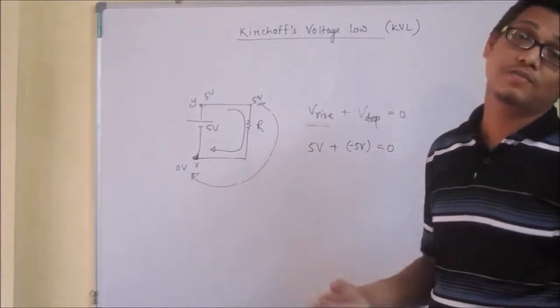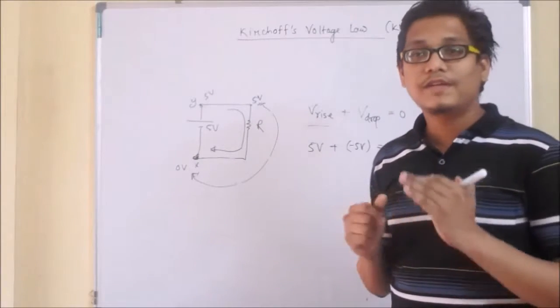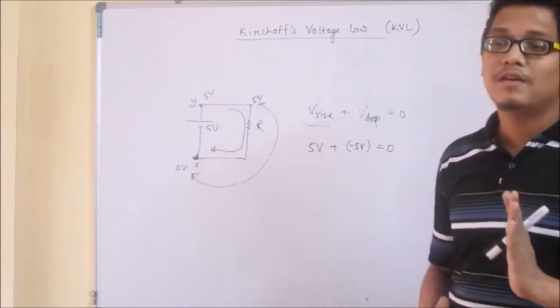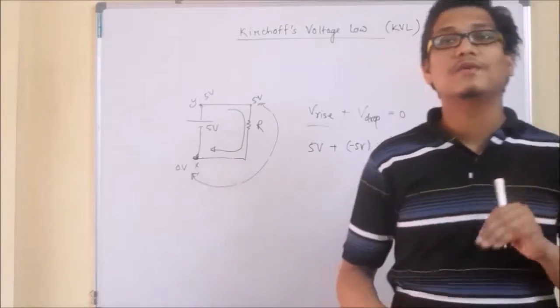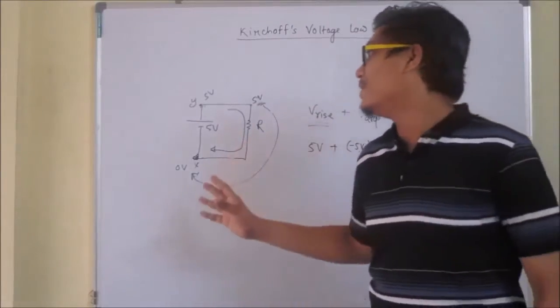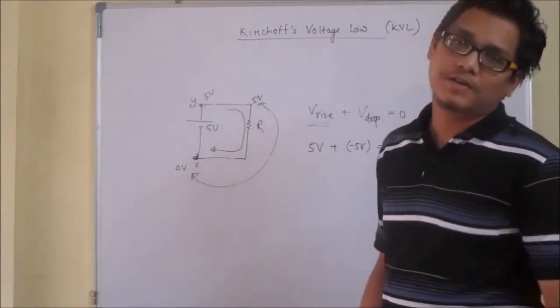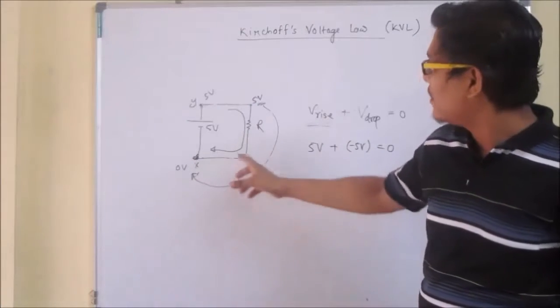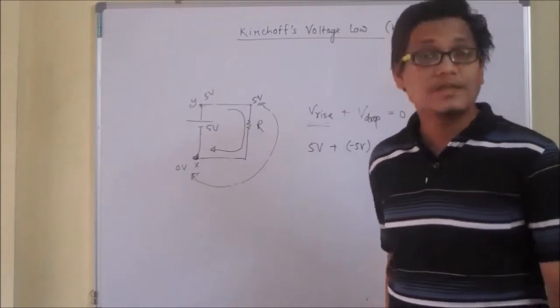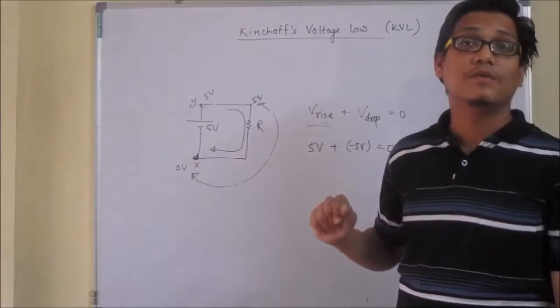How much energy is consumed? As per the law of conservation of energy, energy input is equal to energy output. No energy is stored. Here that is only happening. By the battery we are giving energy, and by the resistor we are consuming energy. Hence here voltage given is equal to voltage consumed.